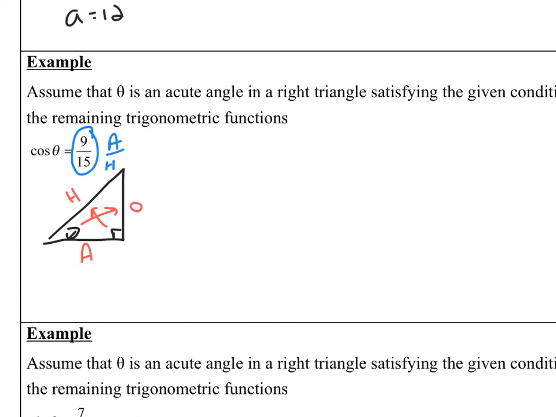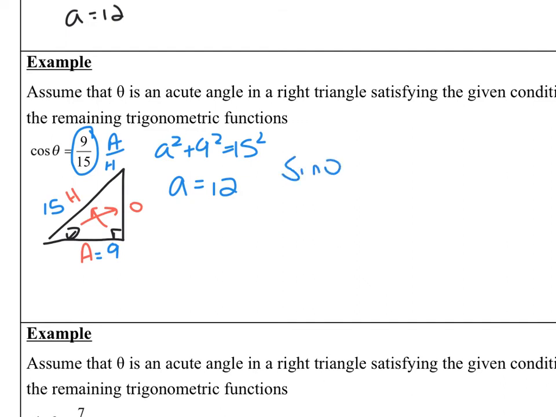So I'm going to label my adjacent side with 9, and my hypotenuse with 15. And so I still need to solve for my opposite side. So a squared plus 9 squared equals 15 squared. And when I solve that, I get that a is equal to 12.